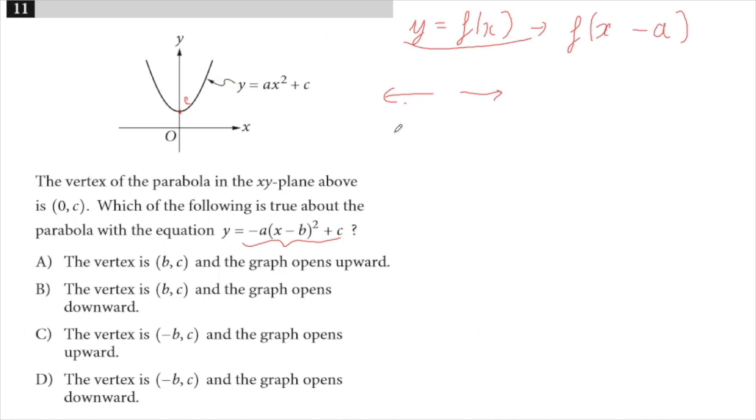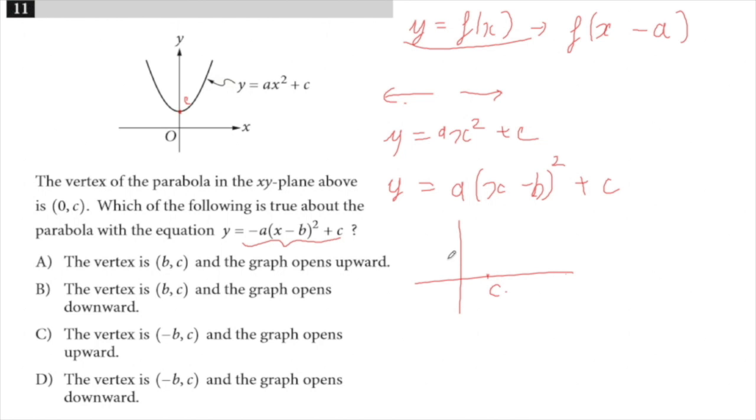From here, the original function is a x squared plus c, and in the first option it has to be changed to a times (x minus b) squared plus c. So it will be moved to the left-hand side. Oh sorry, because here it is minus b, the graph will be moved to the right-hand side.